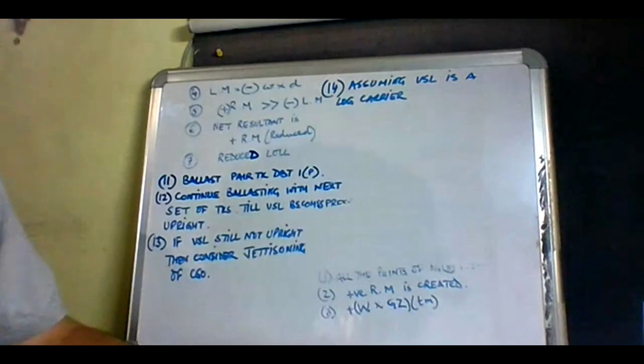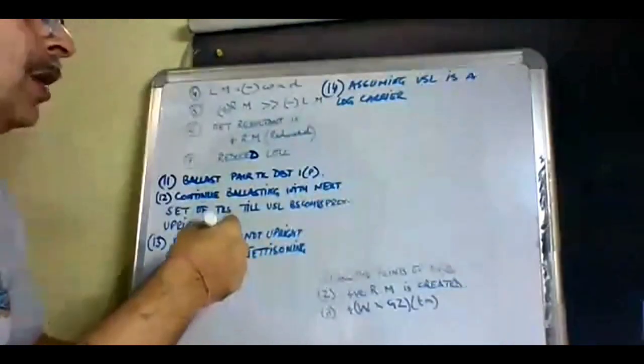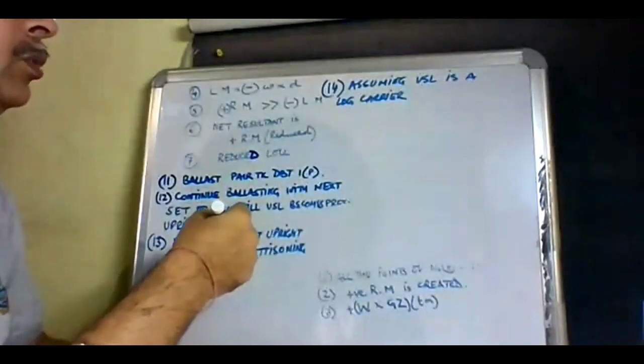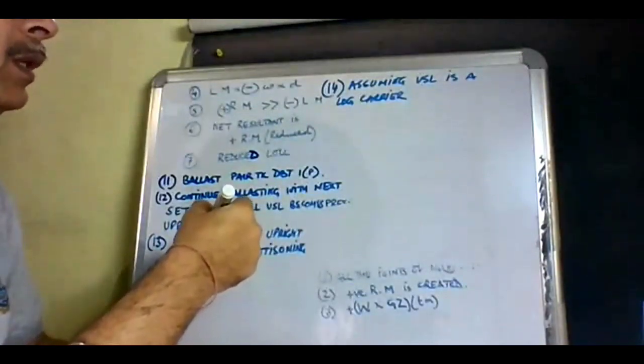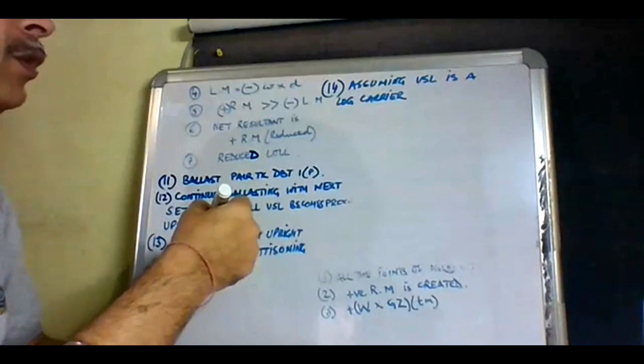Assuming the vessel is a log carrier. Now, generally, it's the log carriers who go to an angle of lull. Generally. So, therefore, you will consider jettisoning of logs.